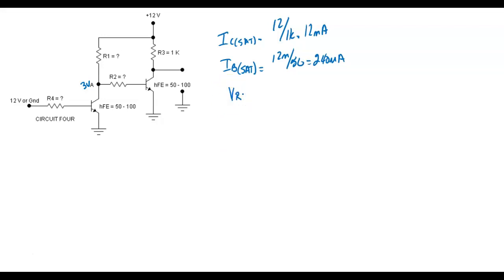Now that we can calculate VR2, so we got to go a little way here. So what's VR2 got to drop? Good. 2.3 divided by, so y'all worked the hard one? 240 micro. Great, guys.